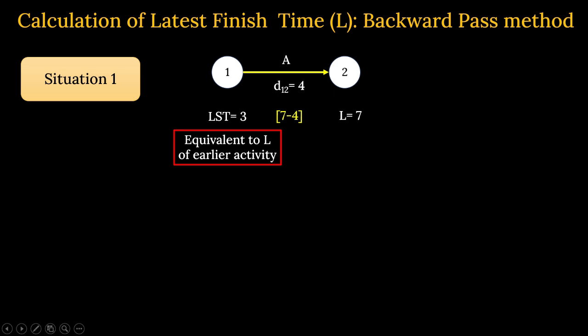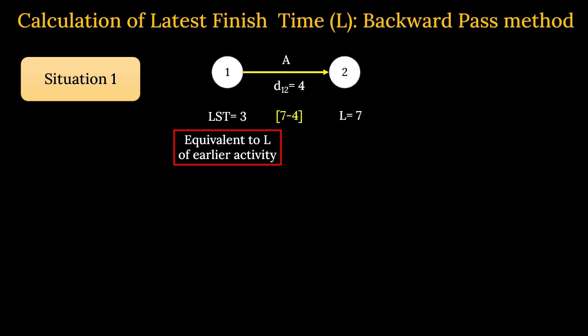Once you know the latest finish time at this point is the 7th day and the duration is 4, then 7 minus 4 backward is 3, and 3 is either the LST, the latest start time of activity A, or the latest finish time of the earlier activity. This is situation 1, backward calculation.